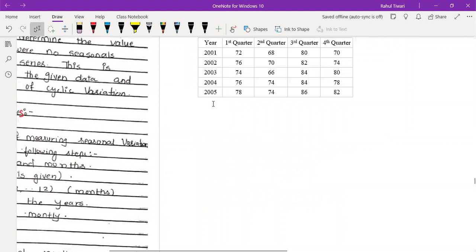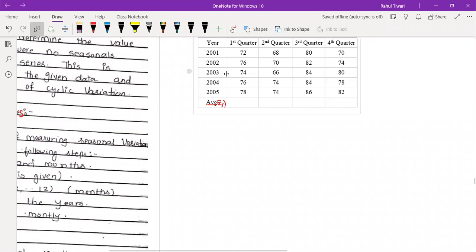So we need to compute x bar i, the average for the quarterly data. If you can write the bar, that will be good for me. X bar i. So this is your average value.